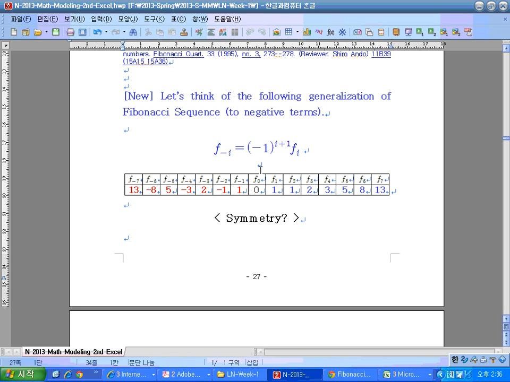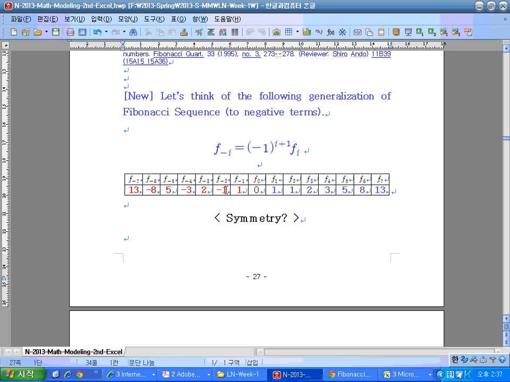But if you define negative terms of the sequence, then that goes to 0, 1, minus 1, 2, minus 3, 5, like this. The addition of this one and this one with the negative sign comes like this. So minus 1 minus 2 makes minus 3. Minus 2 plus 3 makes 5. Minus 3 minus 5 makes minus 8, like this.